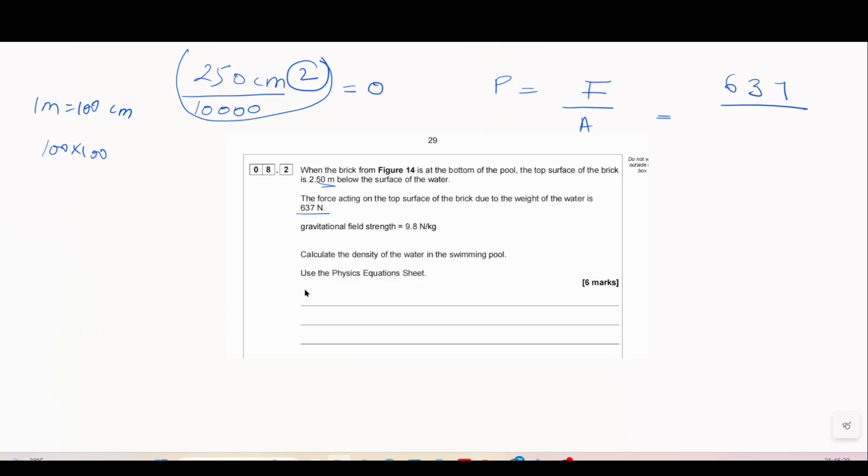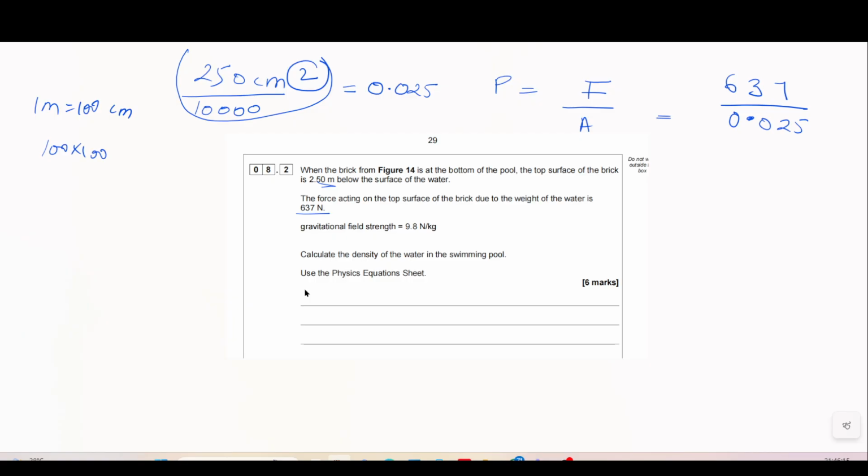So this will be 0.025. We are dividing 250 by 10,000, and I got 6.25? No, it's not 250 squared. The square is only with the centimeter because it is area.